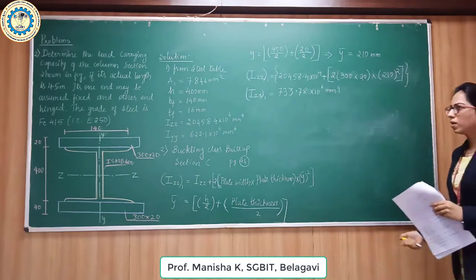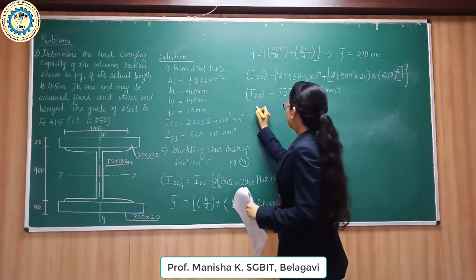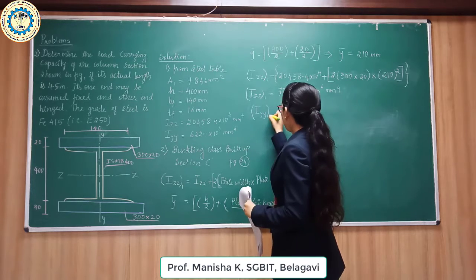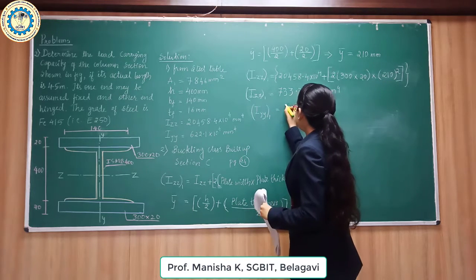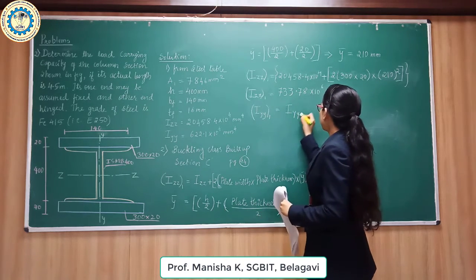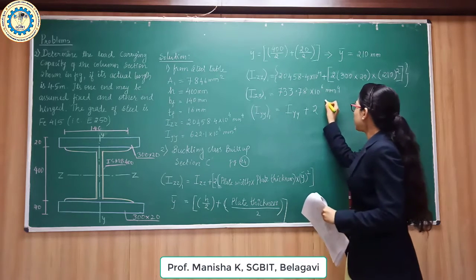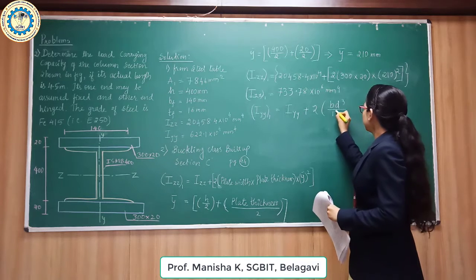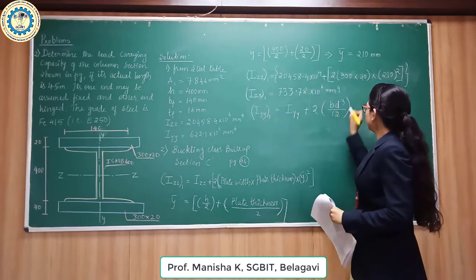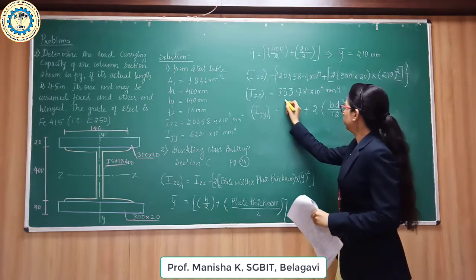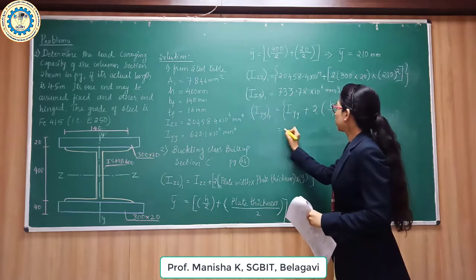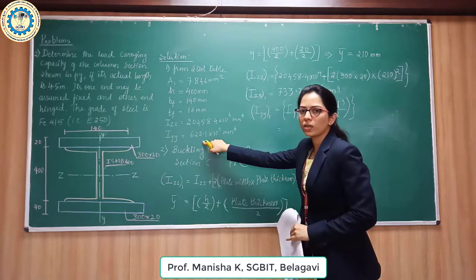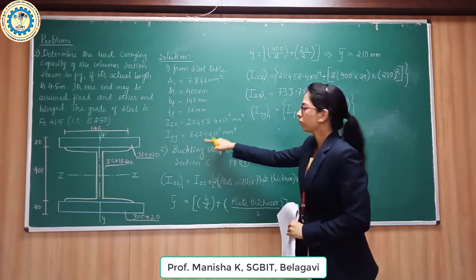Getting it? Similarly, find out IYY of 1 is equal to IYY plus 2 times b into d cube by 12. Now we know IYY, that we have got from the steel table.